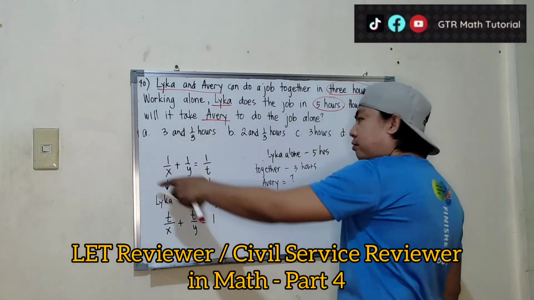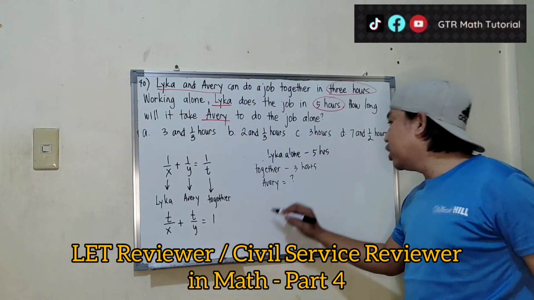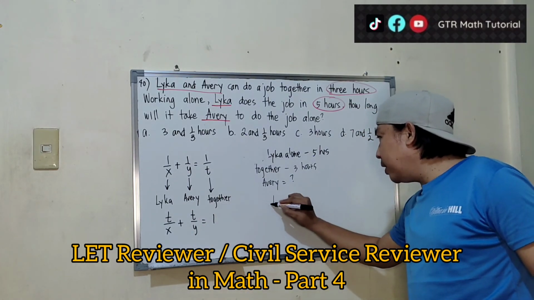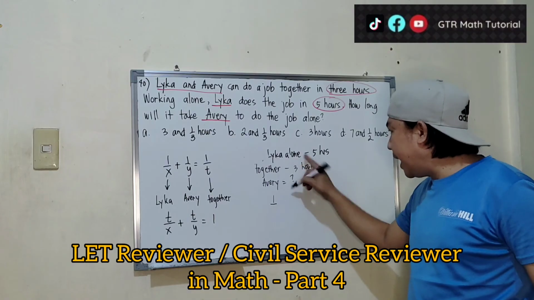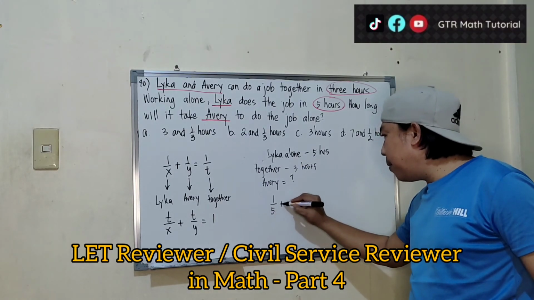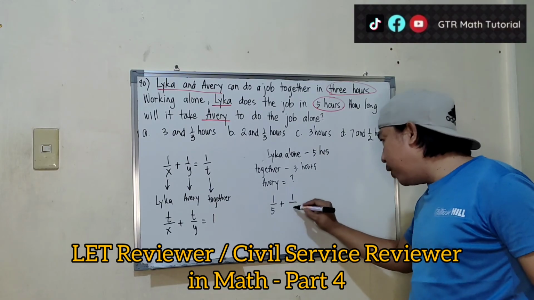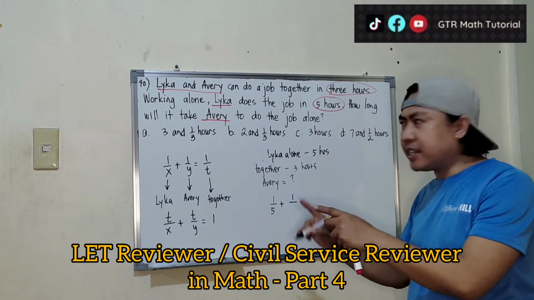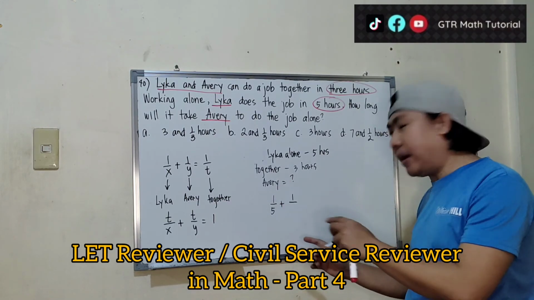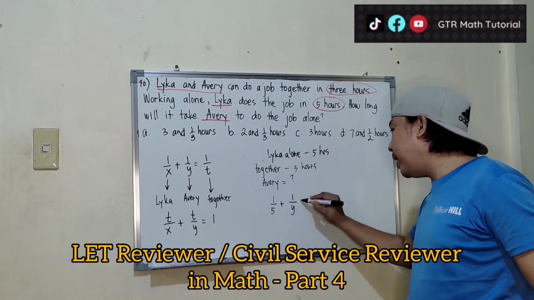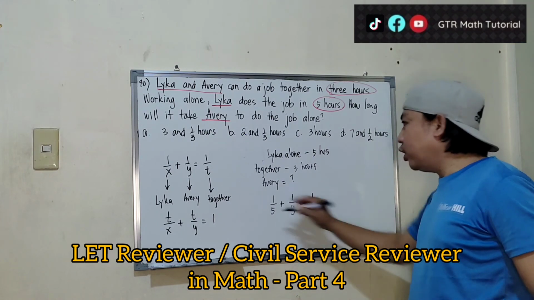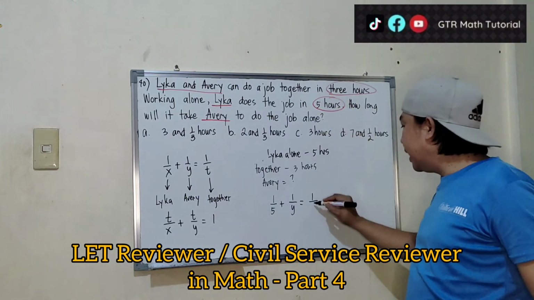So we have 1 over 5, ang x ay kay Laika alone, plus yung kay Avery na nawawala, 1 over y, kahit anong variable pwede naman, equals 1 over 3, yung together na time nila.